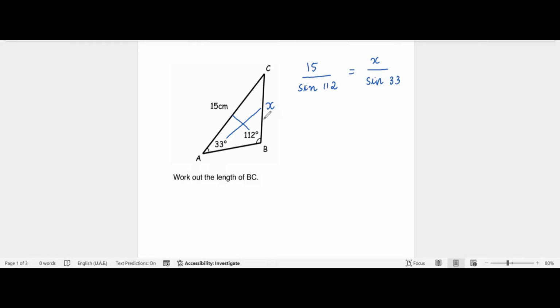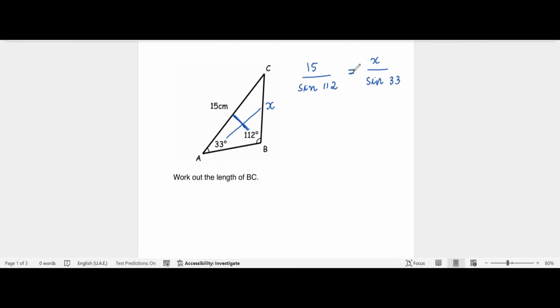And then what you need to check is that we need to find out two pairs of angle and side. This is the first pair, where I have the angle 112 and its opposite side given. And the second pair will be the angle 33 degrees and the side opposite to it, which is what we need to find out.